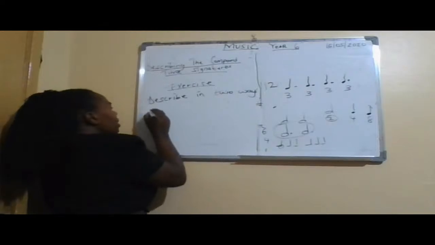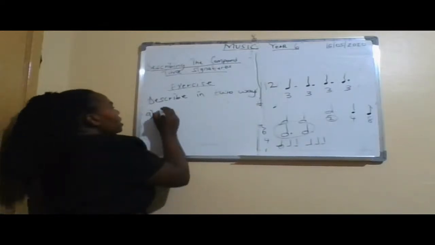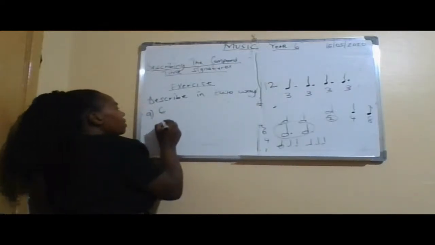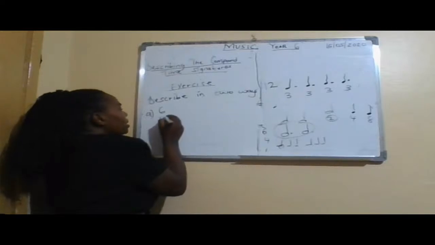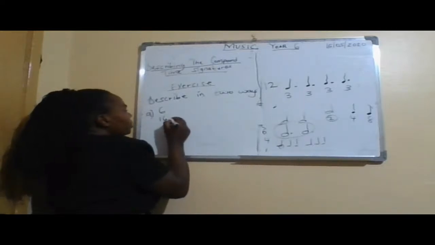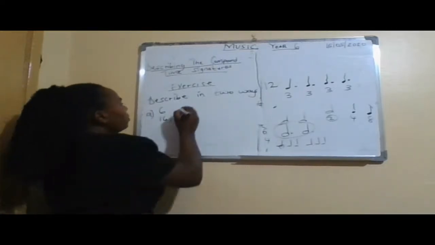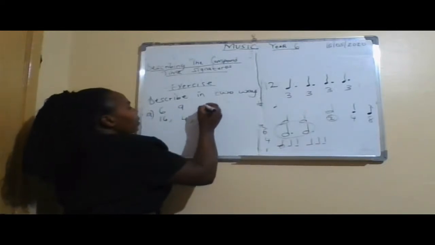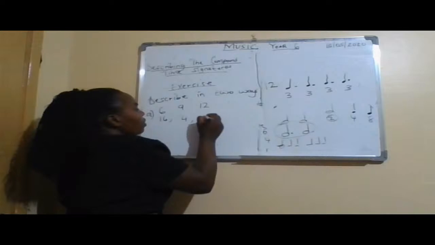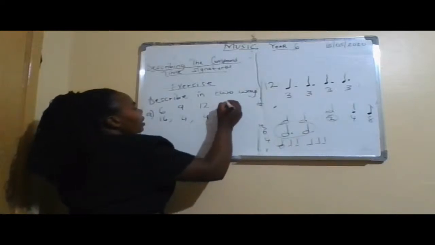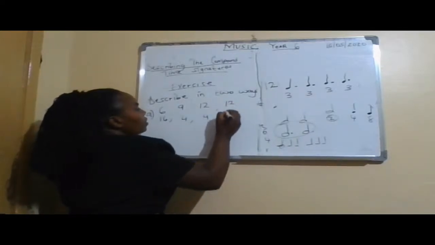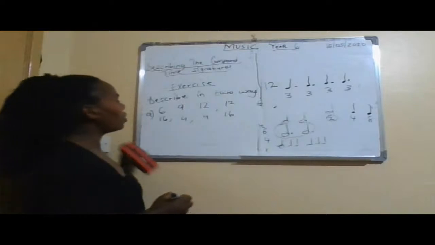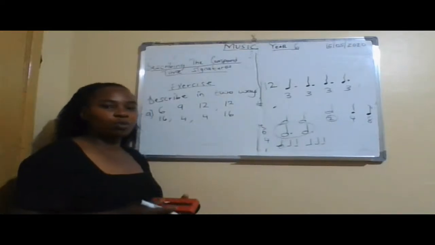The first one you're going to do for me is 6, 16. Then you do for me 9, 4. Then you do for me 12, 4. And then 12, 16. So you ensure that you describe in 2 ways.